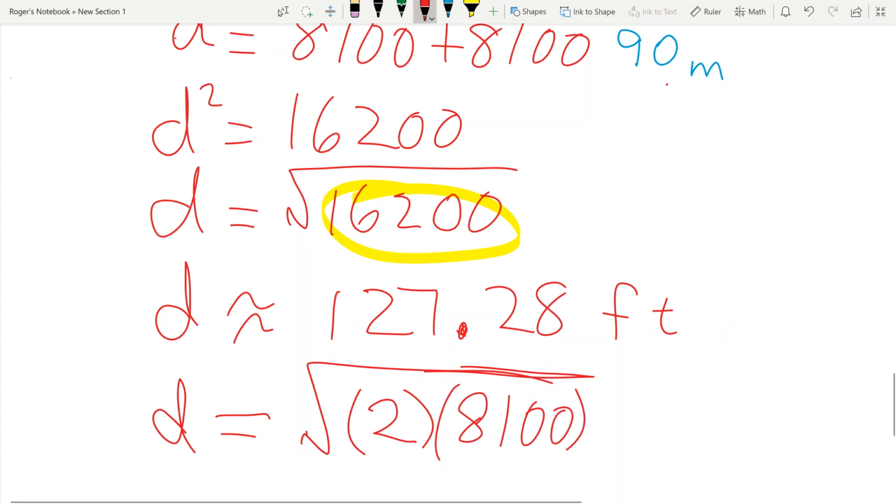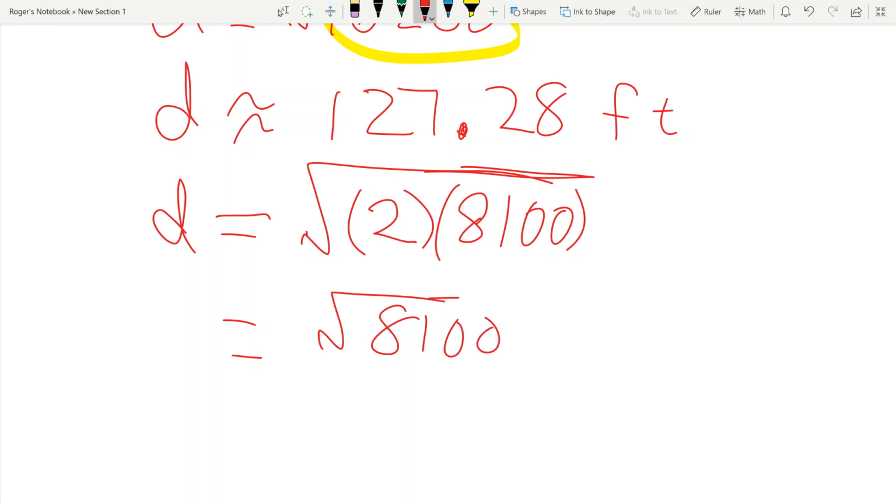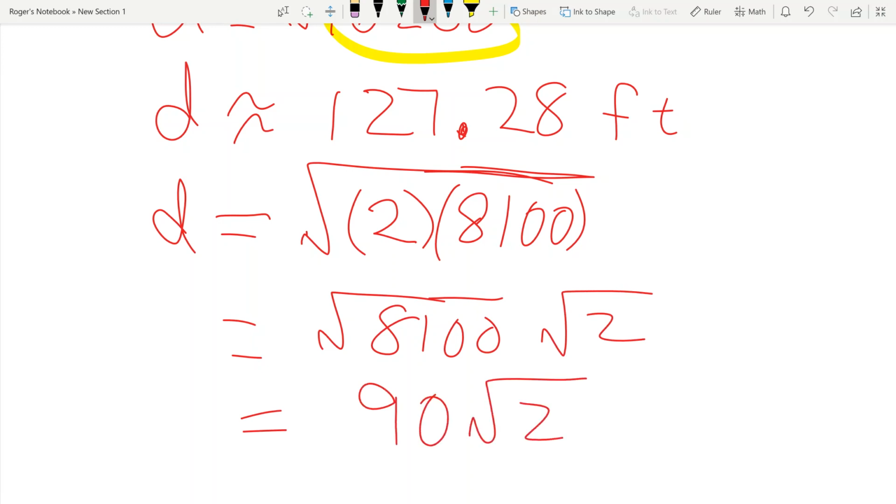Do either one of those numbers have a nice square root? Well, we can write this as the square root of 8,100 times the square root of 2. The square root of 8,100 is just 90. Look at this now. D is equal to 90 times the square root of 2.